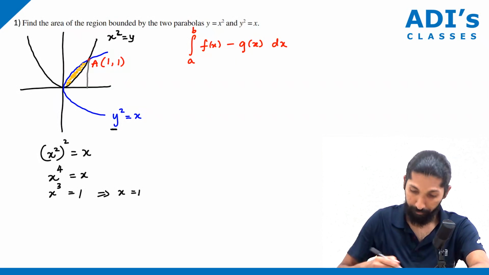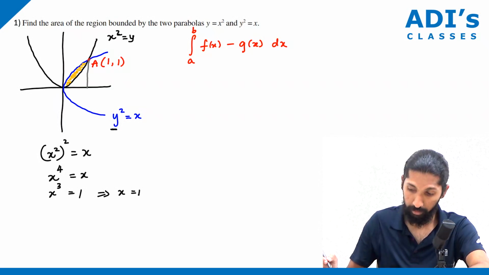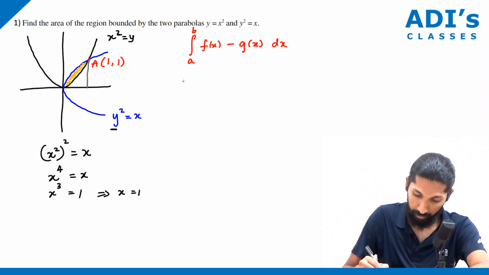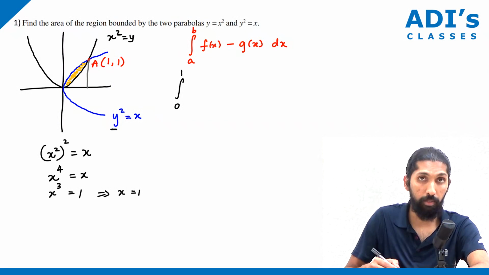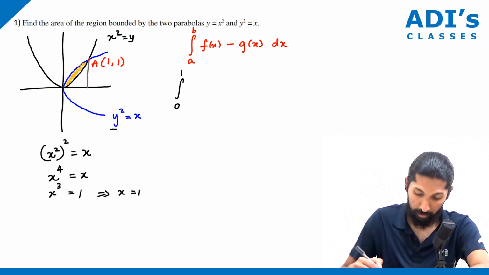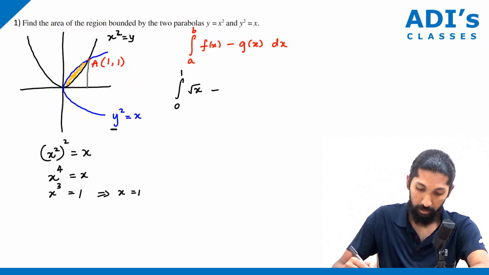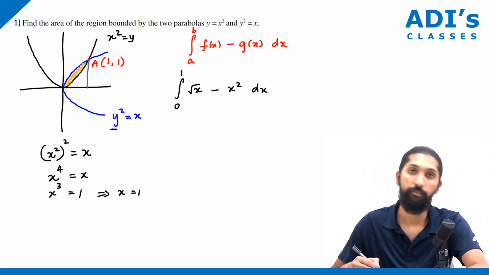Fair enough? That means in this particular case, we have to do integration from 0 to 1. Correct? f of x becomes the blue color one. That means f of x becomes root of x minus g of x becomes x square, dx. Fair enough?